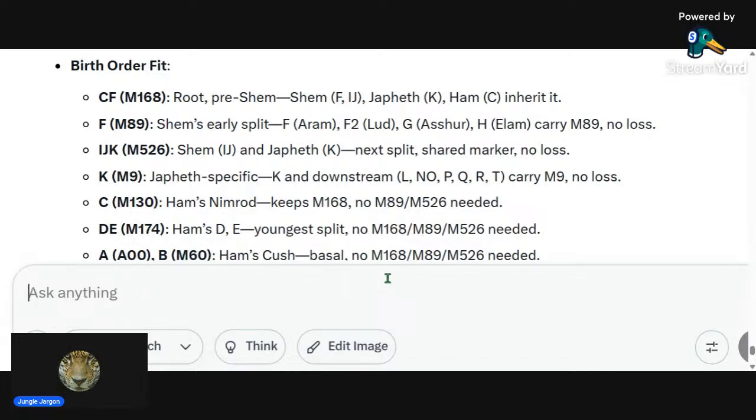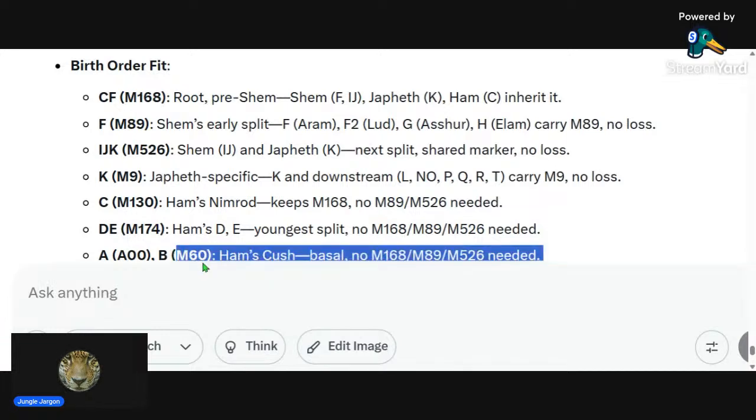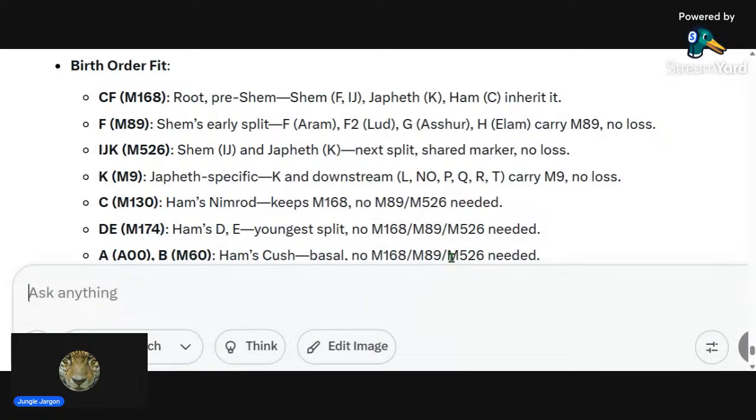No M168 or other ones needed, because the M60 is universal, even more so than the other one. More so than this M, whichever one it was.